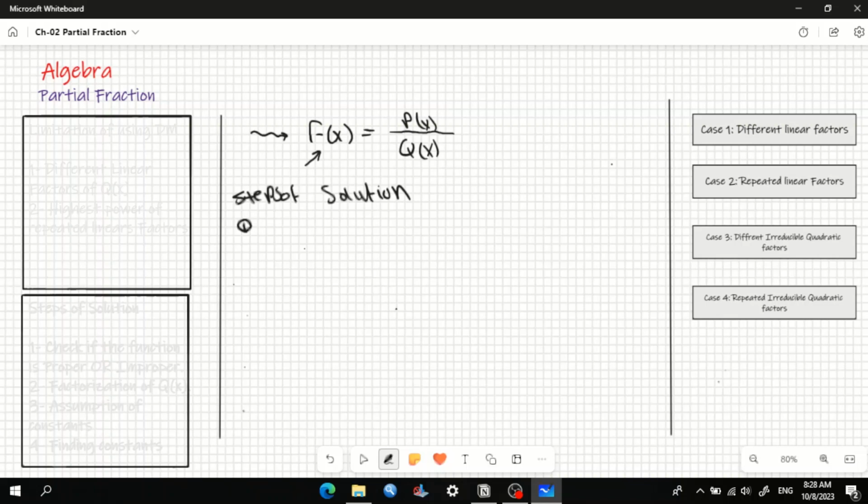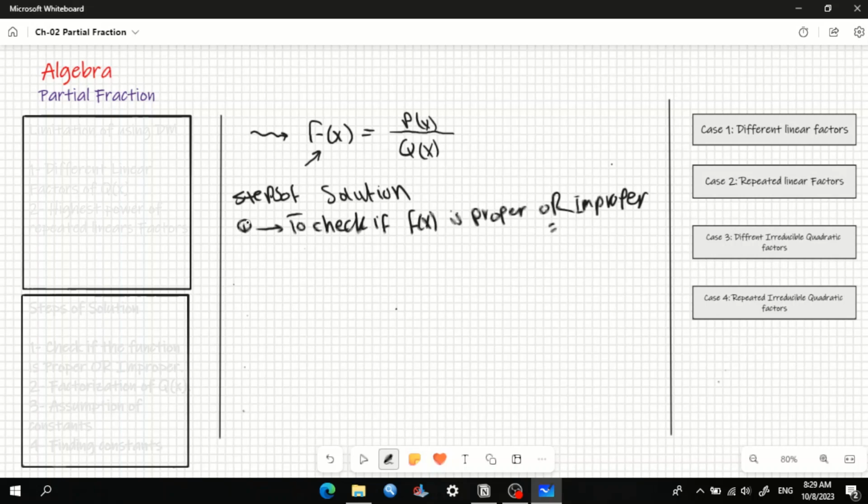The first step is to check if f of x is proper or improper.